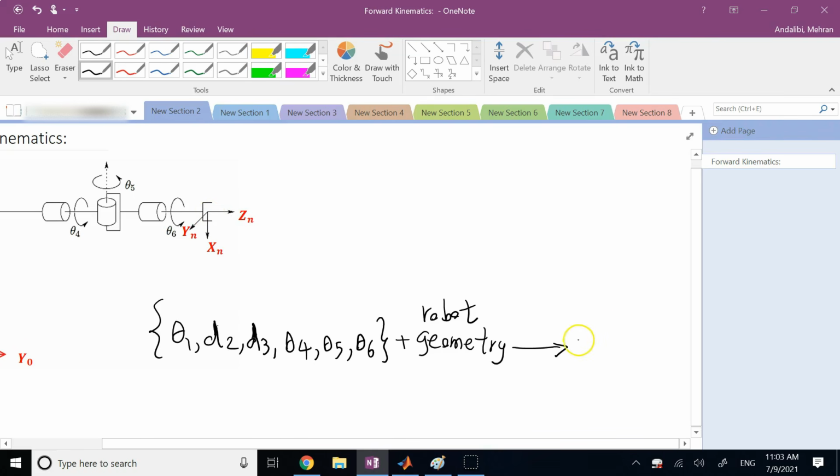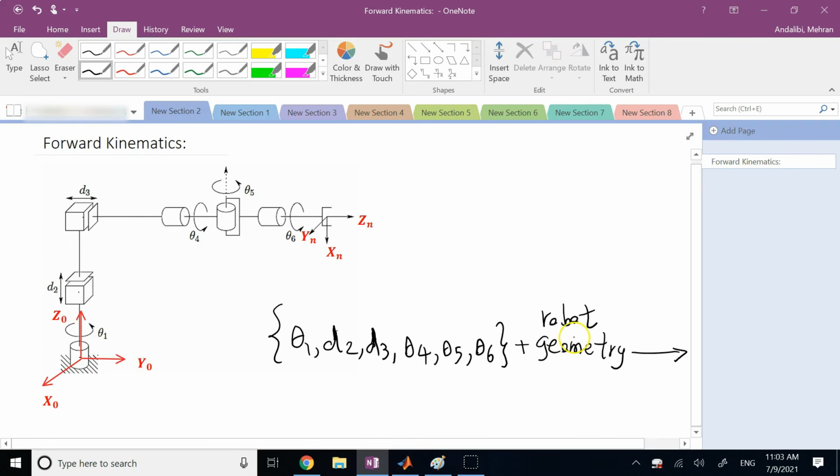If you remember, we had the rigid body motion, and the rigid body motion could be described by a homogeneous transformation matrix H, which has a rotation matrix R in it and a translation vector D, correct? So here, if I call the coordinate frame that is attached to the end effector xn, yn, and zn, and I call the coordinate frame attached to the base of the robot x naught, y naught, z naught.